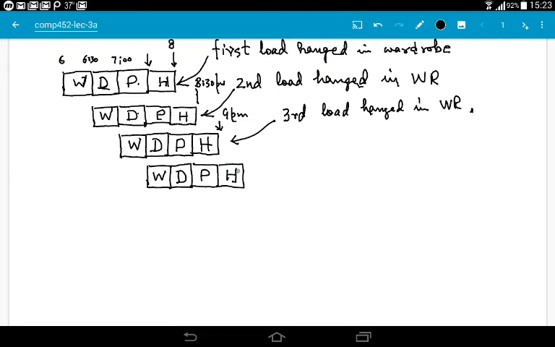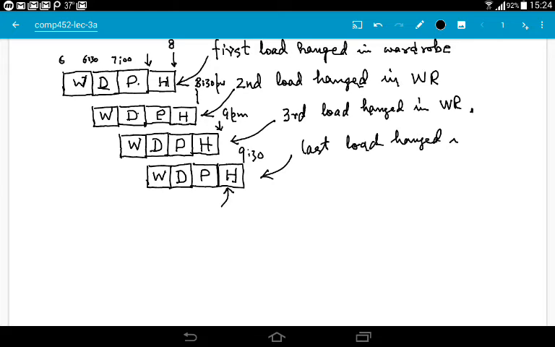At 9 o'clock, Hasnat Majava takes the final load and starts hanging it in the wardrobe. This is the time. At 9 o'clock he starts hanging the last load, and at 9:30, the last load is also hanged. Last load hanged in wardrobe.